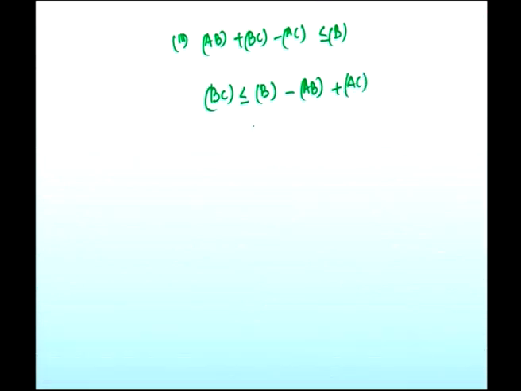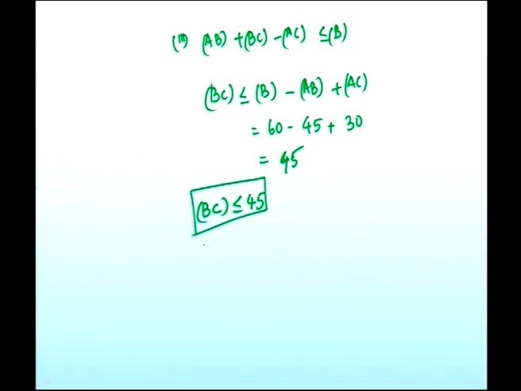What is the value of B? B is given to be 60. AB we have found out that is 45 and AC we have found out 30. 60 minus 45 plus 30 is 45. Okay, so we have got another limit, that is BC is less than or equal to 45.